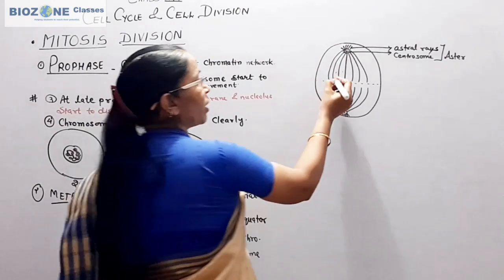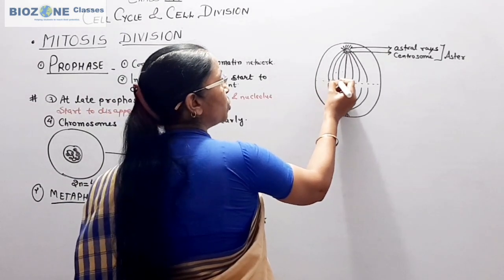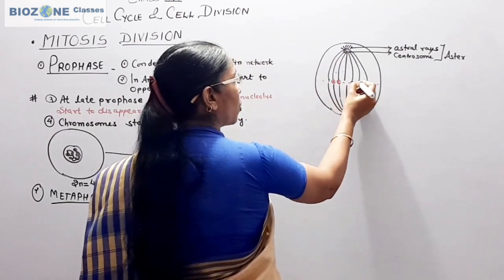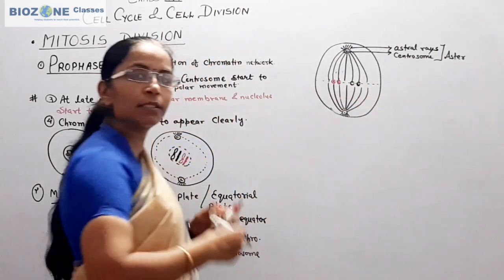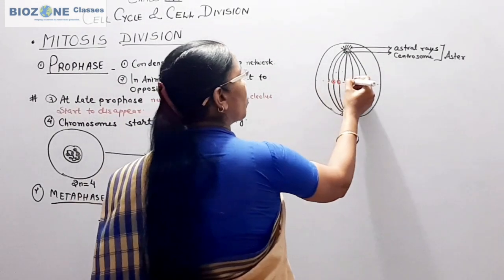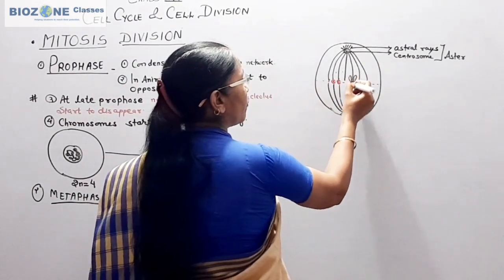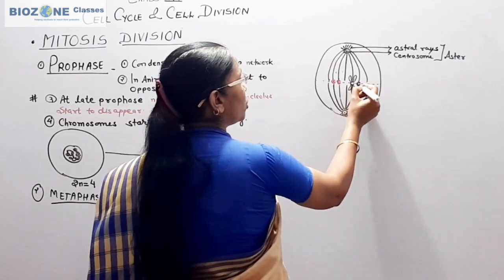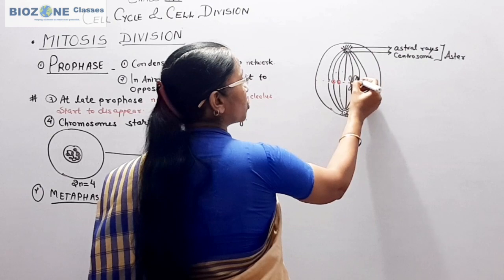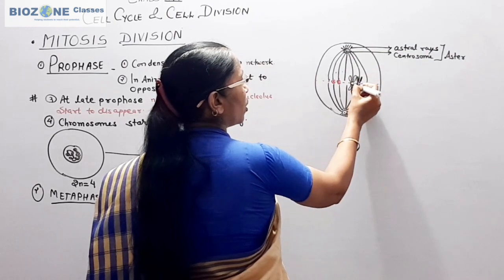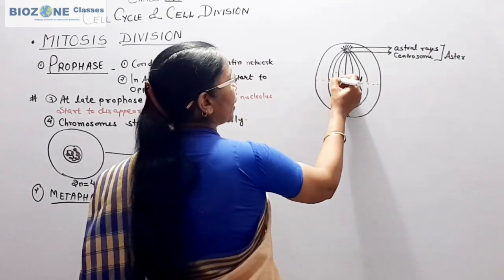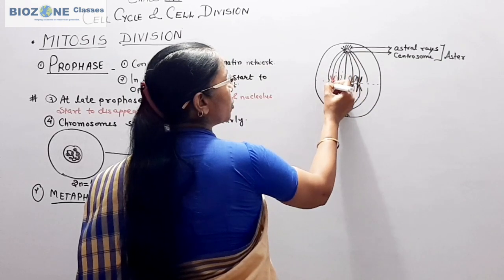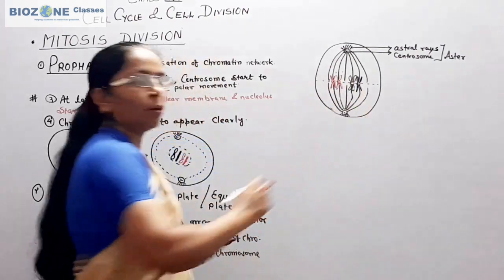Now these spindle fibers are attached to the centromere with the help of kinetochore protein. At that stage, chromosomes now clearly appear in the form of chromatids. So two clear chromatids you can visualize in each chromosome. All the chromosomes are exactly present at the equator plate. So you remember four chromosomes clearly appear.